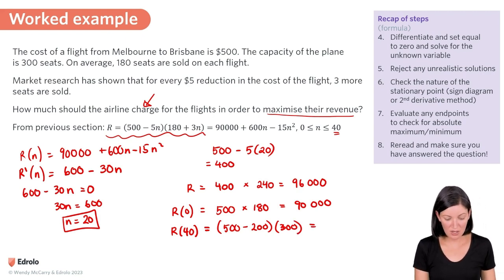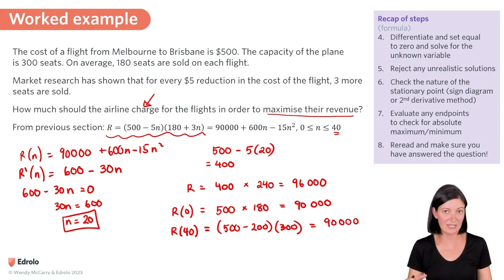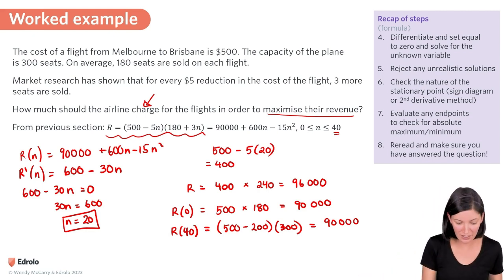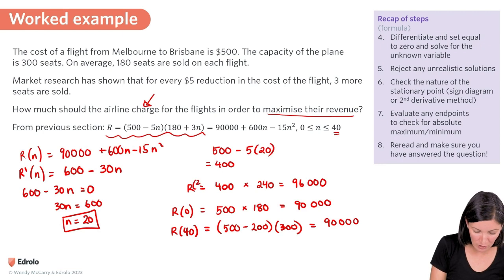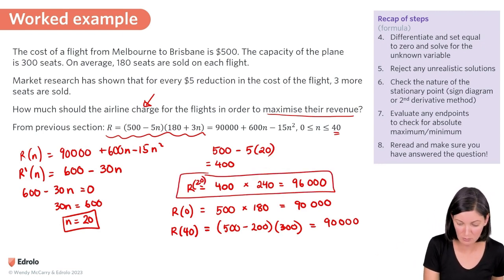So 500 minus 200 is 300. Again, we get a revenue of $90,000. That's if I sold the most amount of seats that I could. So we can see here that where n is equal to 20, that does give us our maximum revenue.